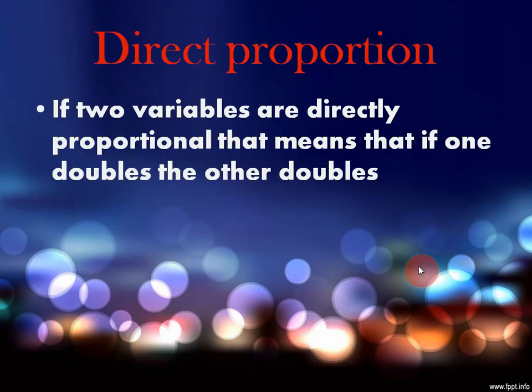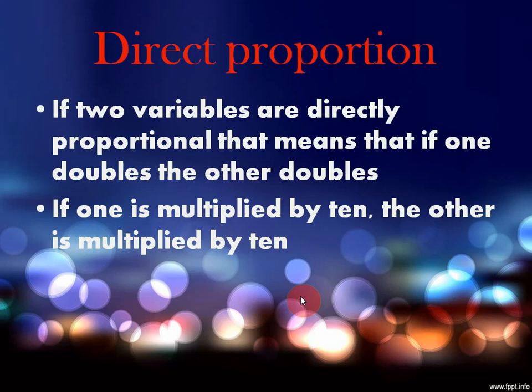So moving on, if two variables are directly proportional, that means that if one doubles, the other doubles. So it is a direct relation. As you know, directly proportional means when the first value is increasing, it affects the second value as well. And if one is multiplied by 10, the other is multiplied by 10 also.